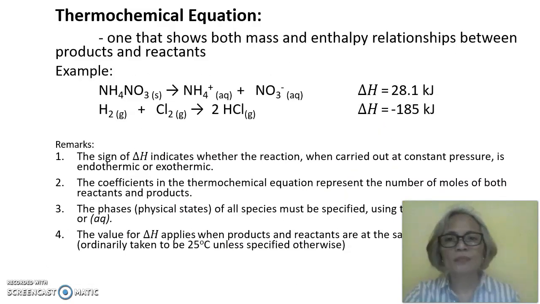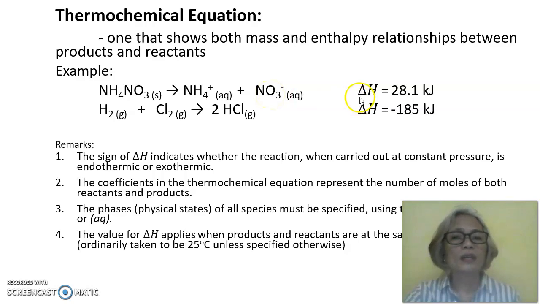A thermochemical equation is one that shows both the mass and enthalpy relationships between products and reactants. We have here two examples. The decomposition of ammonium nitrate into ammonium ion, which is in aqueous solution, meaning in solution with water, and nitrate ion.